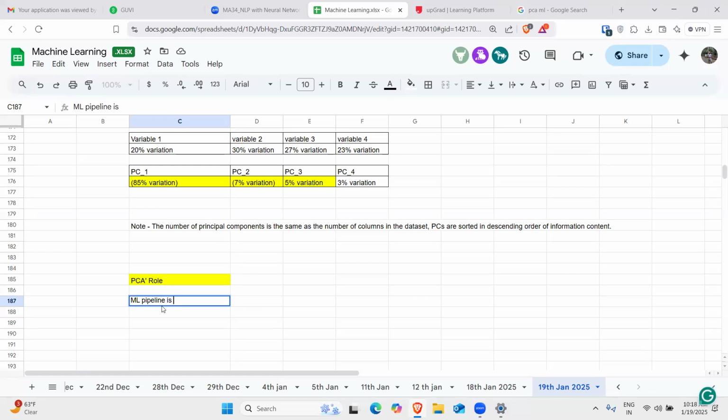It almost solely exists as a dimensionality reduction tool.